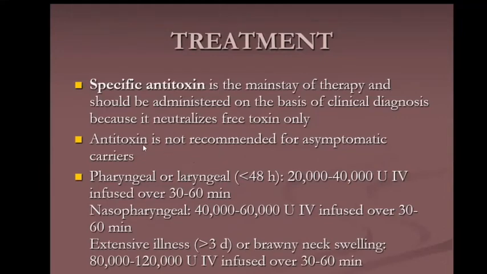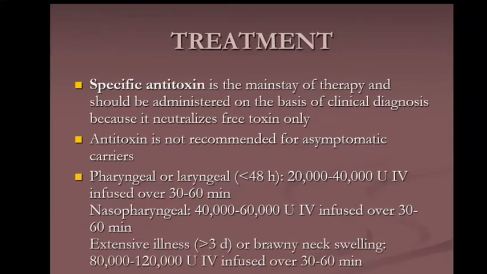Antitoxin is not recommended for just an asymptomatic carrier, and it should be administered on the basis of diagnosis to neutralize the free toxin, because if the toxin is already absorbed, then it is not effective.